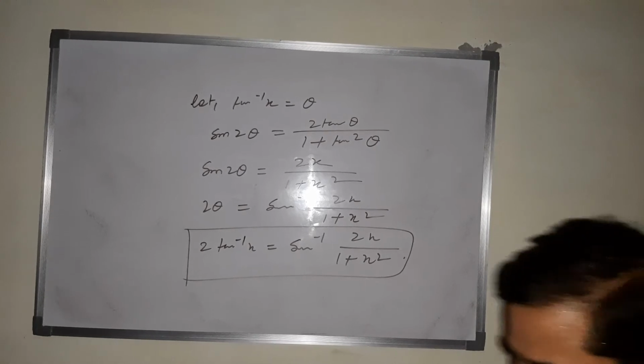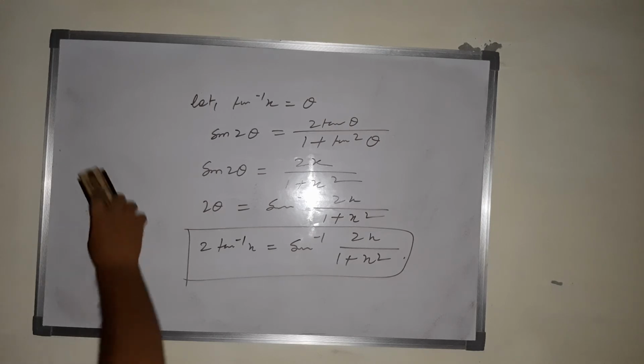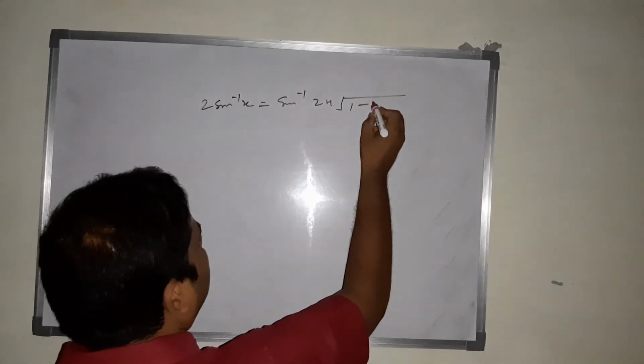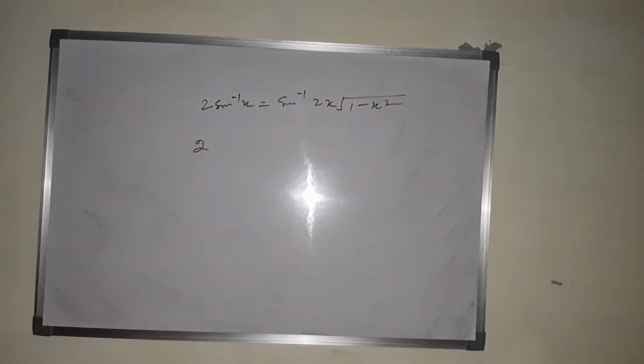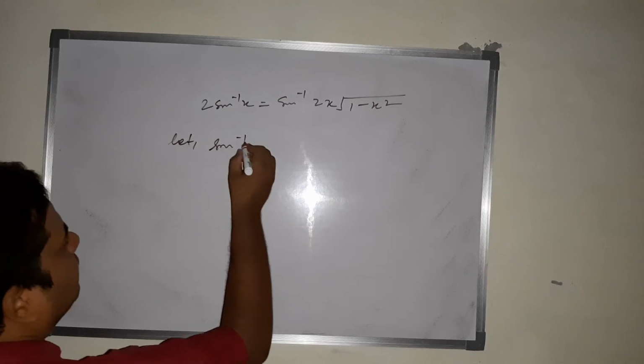Now we are going to see another property. 2 sin inverse x is equal to sin inverse of 2x root of 1 minus x square. So let sin inverse x be equal to theta.